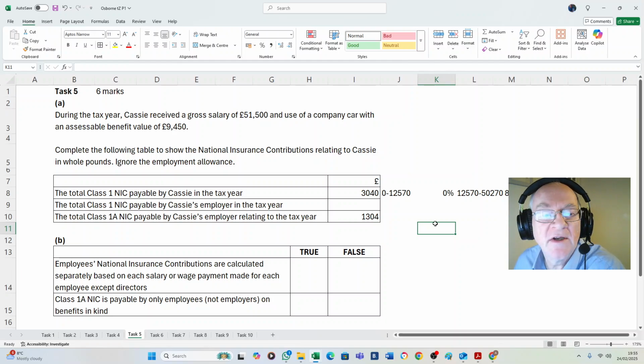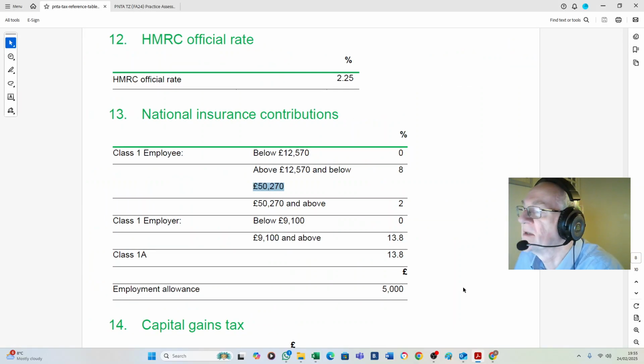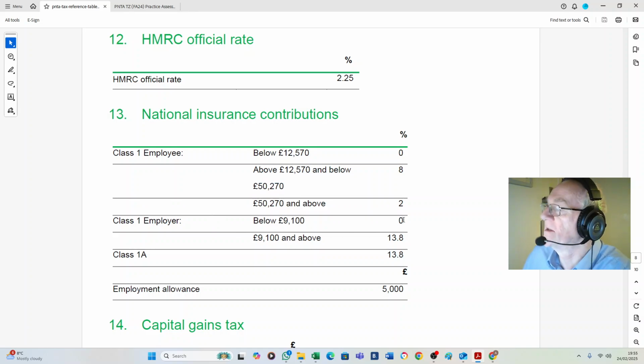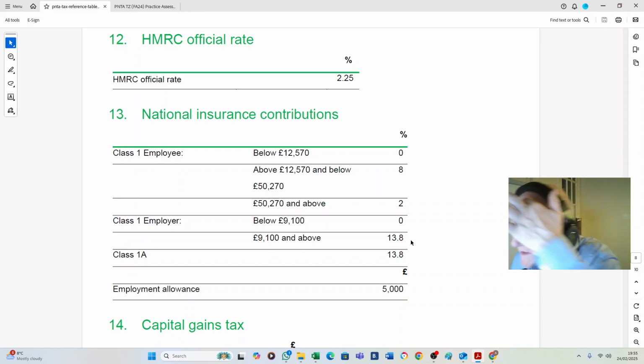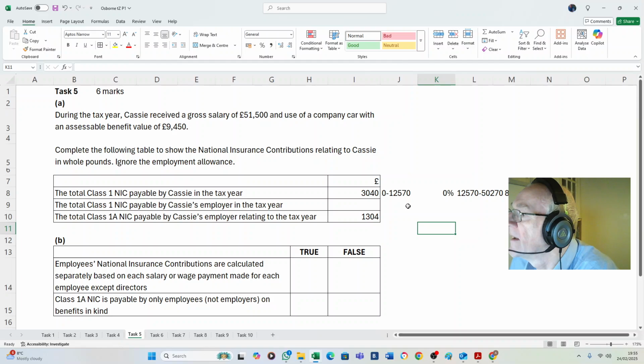So the employers. Employers is slightly simpler. So again, back to reference material. Below 9,100 is 0. Everything above that is 13.8%. So there's only the 13.8 and the 0% band to worry about. Let's have a go then.